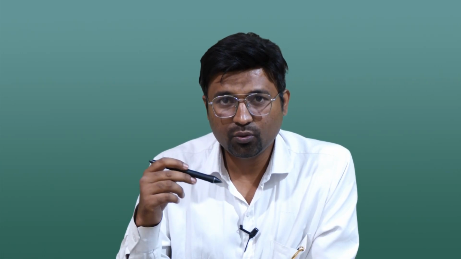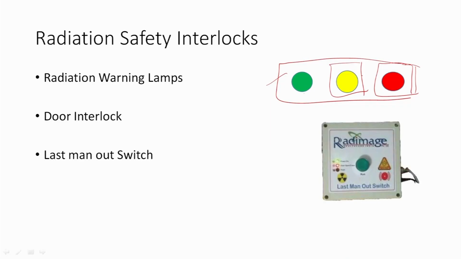In case of linear accelerator, the machine is ready to deliver the X-rays. And green indicates that the radioactive source is in the shielding, and is safe. In a linear accelerator, the X-rays are not being produced. It is in the off condition, like a switch on-off situation. So this is the purpose of radiation warning lamps.